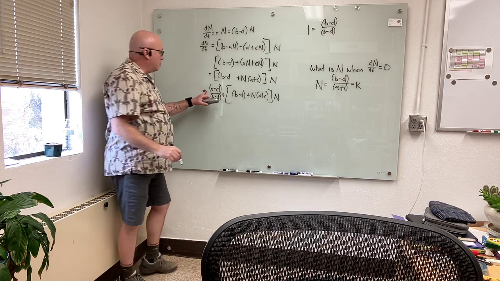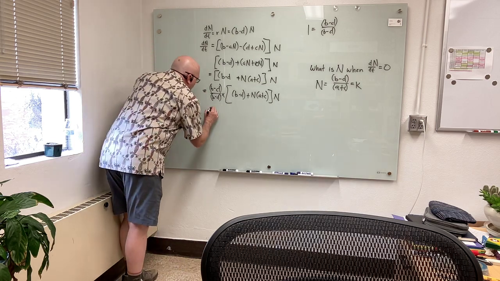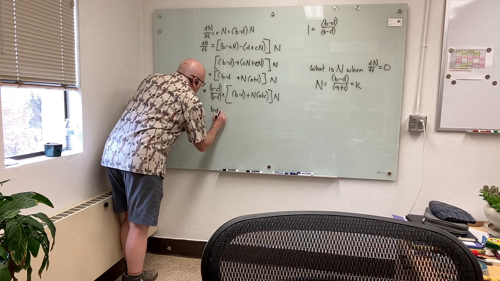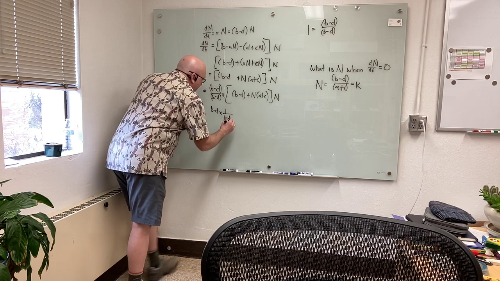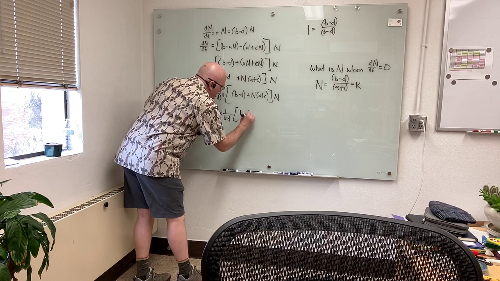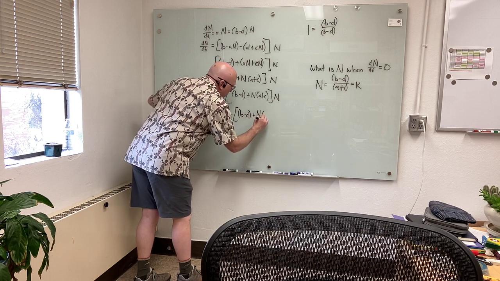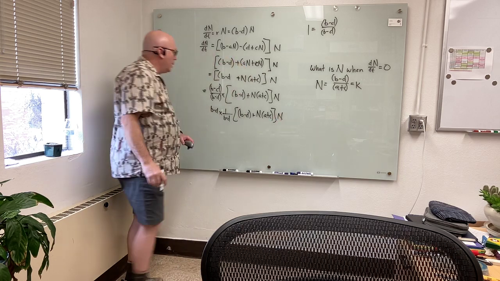So we can think of this as multiplying this all the way through, but the other thing that we can think about is b minus d multiplied times 1 over b minus d multiplied times b minus d plus n times a plus c times n.